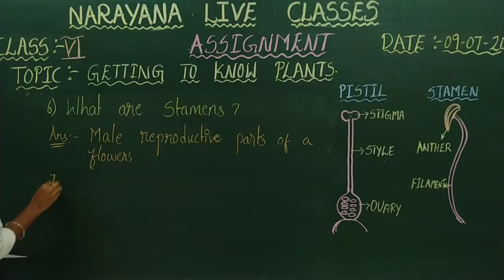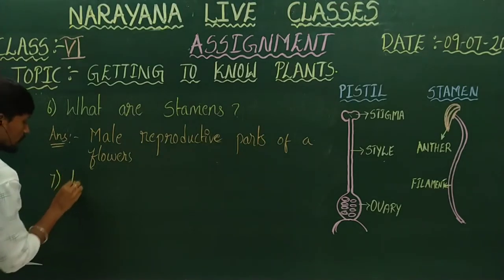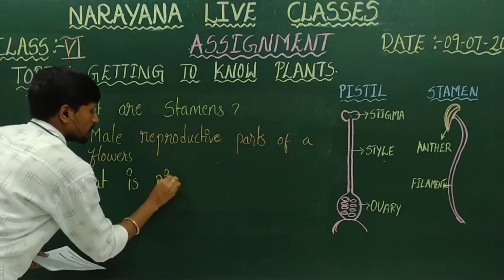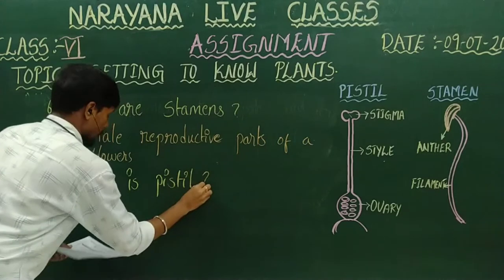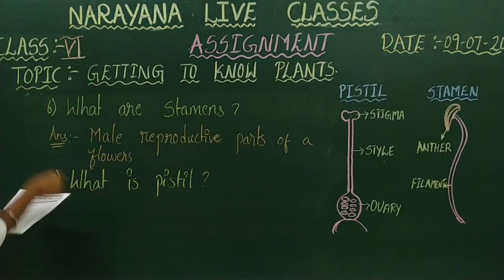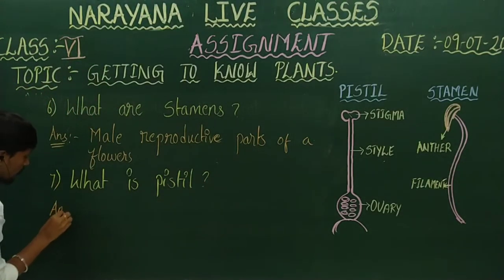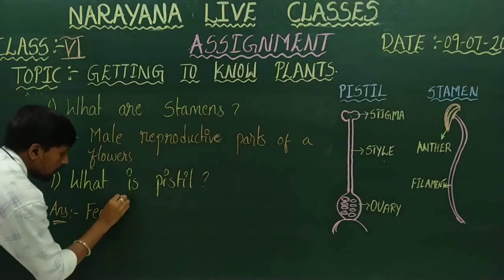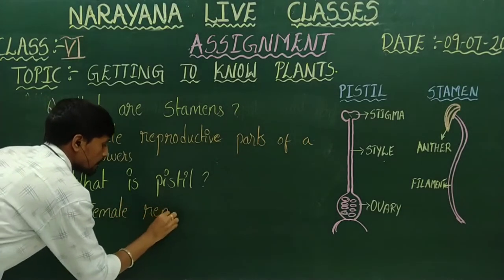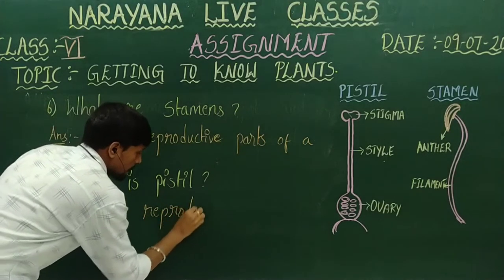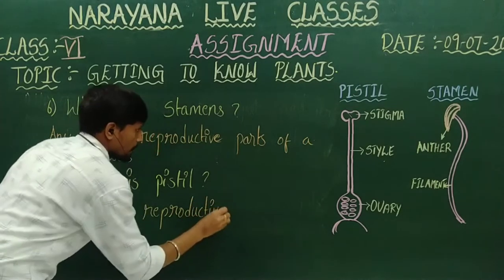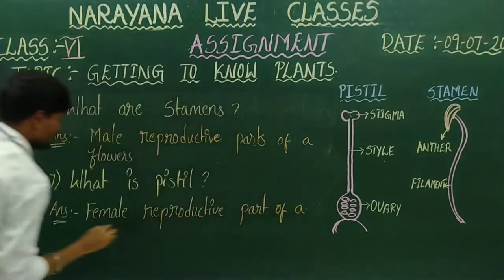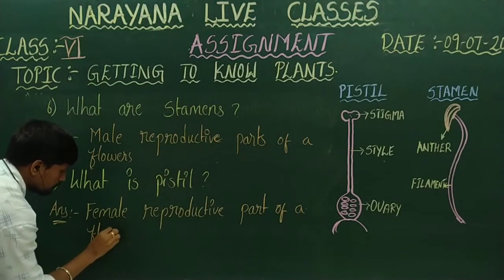And the next question, seventh one: what is pistil? The pistil is a female reproductive part of a flower.